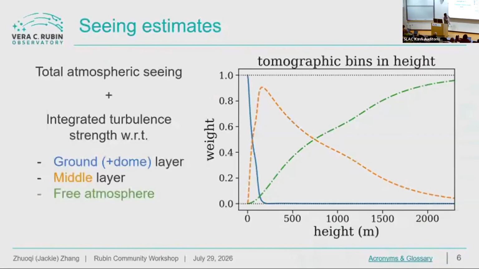For the lower altitude piece, we can separate a very sharp blue curve, which is predominantly the ground layer and to some extent also the dome seeing. In between is the orange curve, which we call the middle layer. In summary, just from the centroid motion of those 8 guider stars, we can get an estimate of the total atmospheric seeing, plus 3 numbers which are the integrated turbulence strength with respect to these 3 curves.